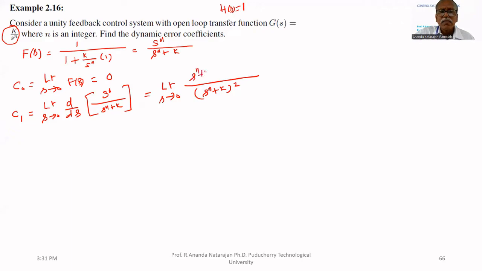We differentiate the denominator and write the numerator as such.